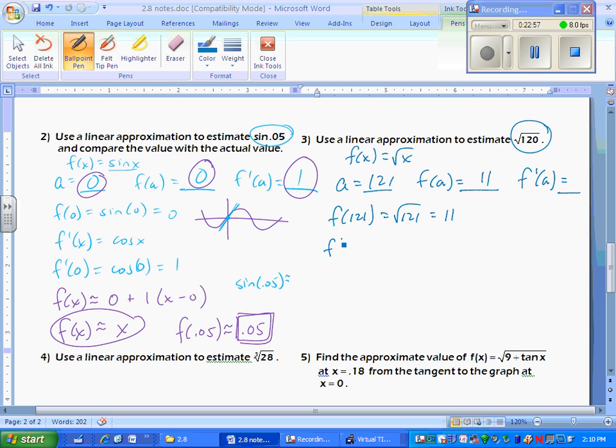And then we have to find the derivative, so we can find the derivative of f of a. Just like the problem at the very beginning, square root of x, same as x to the 1/2. So our derivative would be 1/2 times x to the negative 1/2, or we could write that as 1 over 2 times the square root of x.